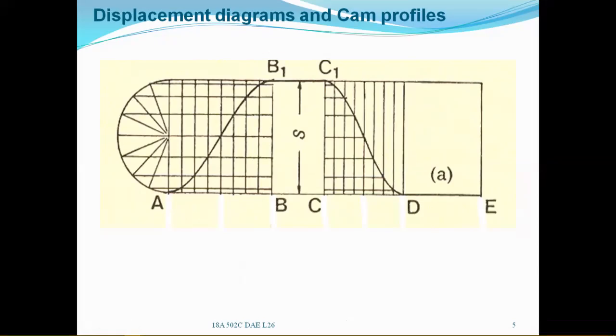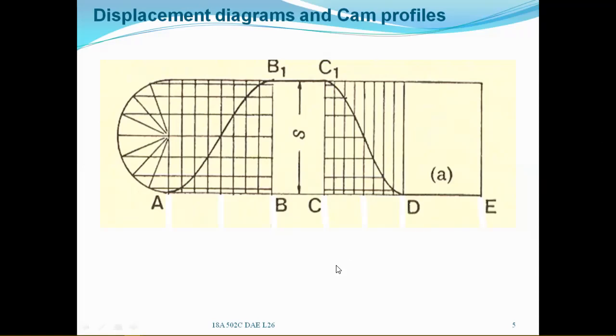And now to draw this displacement diagram, we should take a proper scale as per our convenience. Some people may take different scales, but I will prefer to take, depending on the angles, generally 30 degrees of cam rotation or angular displacement equal to 10 mm as the scale.